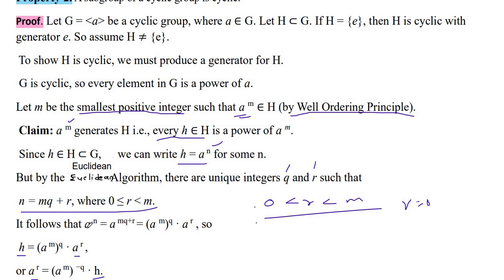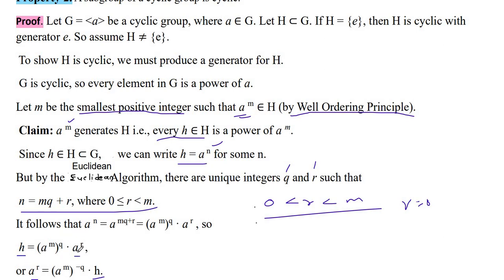Now we consider a^n, that is a^(mq+r), and that is rewritten in this way. Now retaining h, which is as we have assumed, you have h to be this.